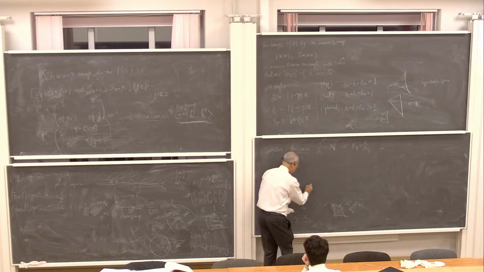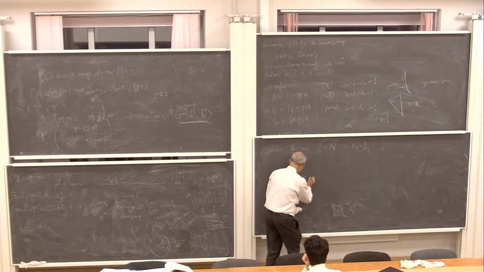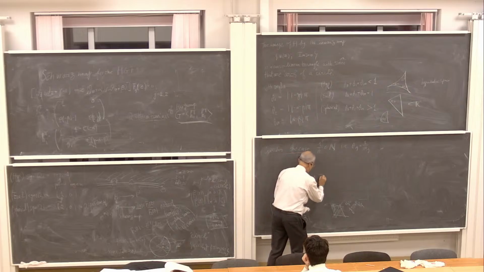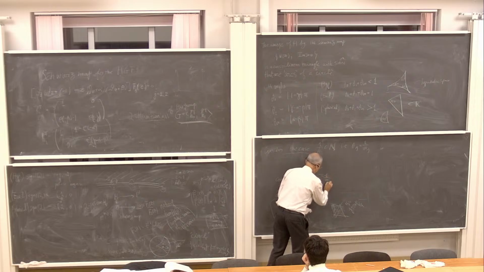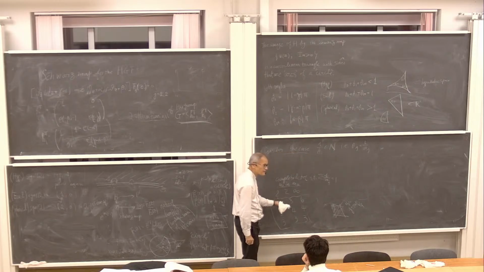So all M0, M1, M infinity, such that the summation of 1 over Mj will be 1. Complete list.